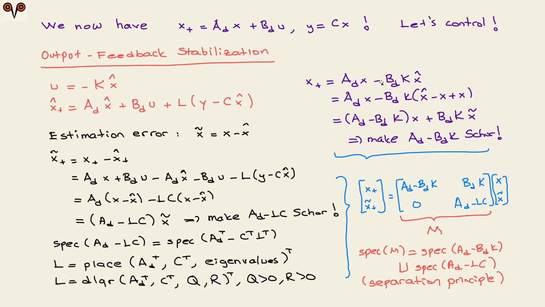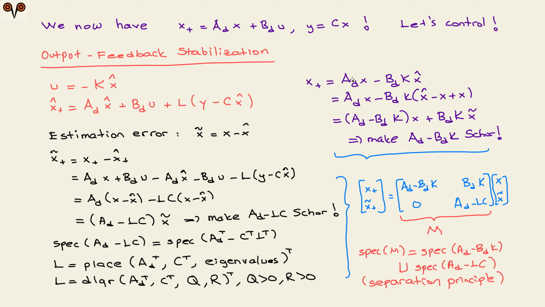X plus is ADX minus this control signal, minus BDK X hat. I am adding and subtracting x. We have AD minus BDK X plus BDK estimation error. If this estimation error goes to 0, once you make AD minus LC Schur, then basically x remains, and since this is Schur, x goes to 0 as well.